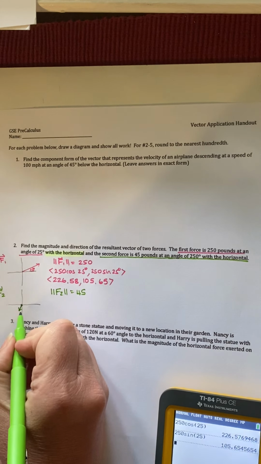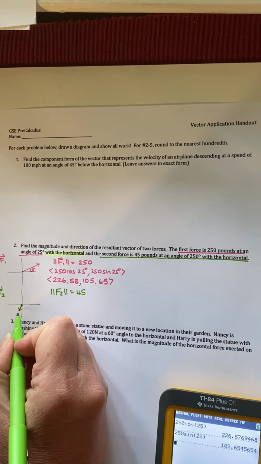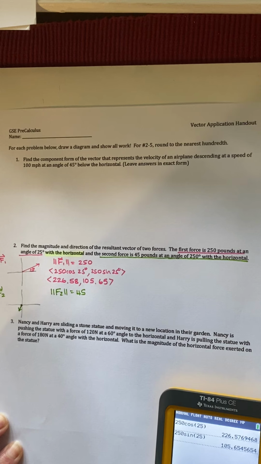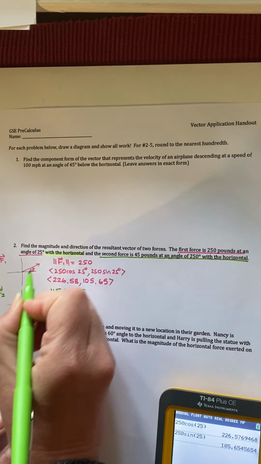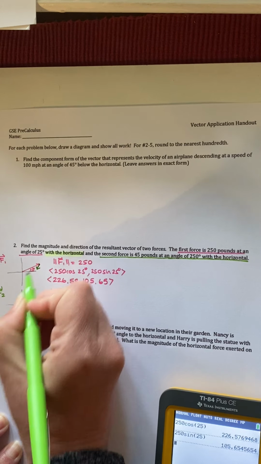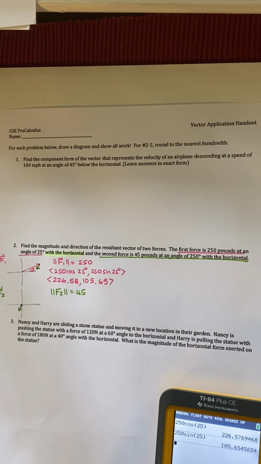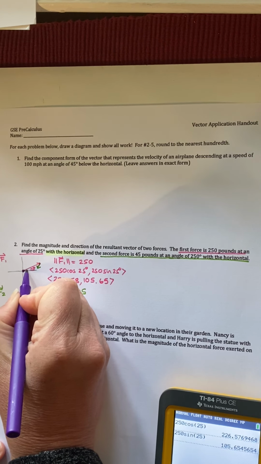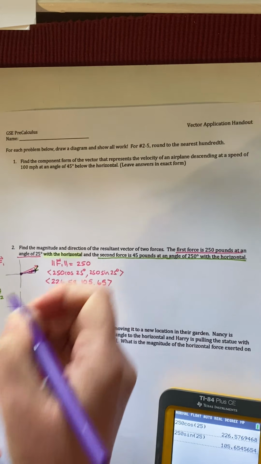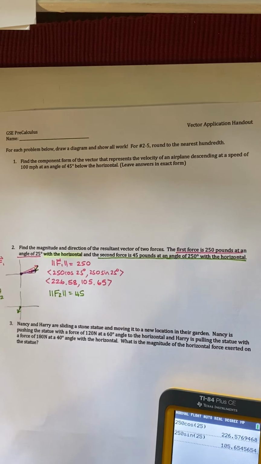And then you want to imagine that if we're going to find the resultant, you're going to place these two vectors head to tail. So you would pick this vector up and move it so it would be right there. Then you would be able to find the resultant vector, which is going to go from the tail of the first one to the head of the second one.